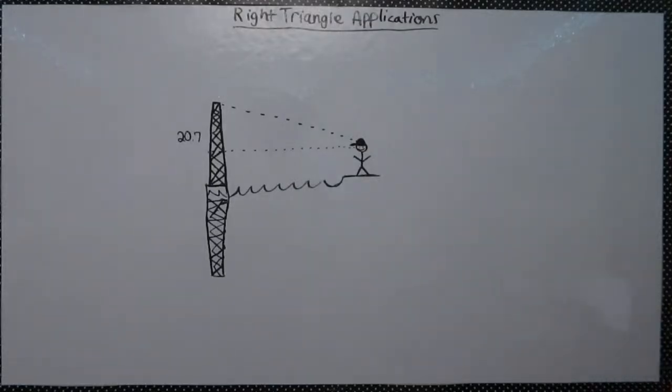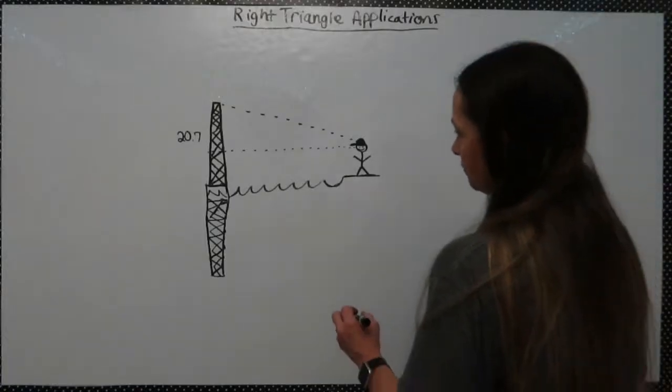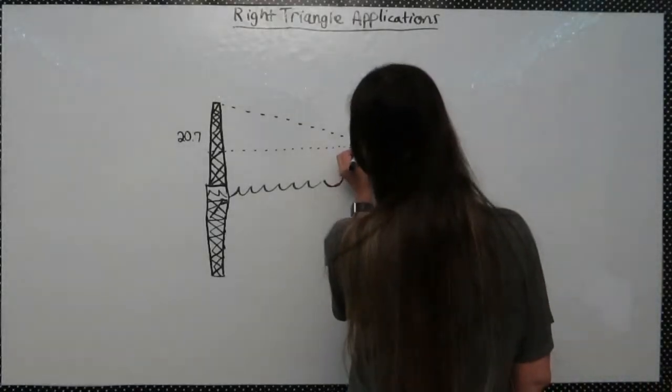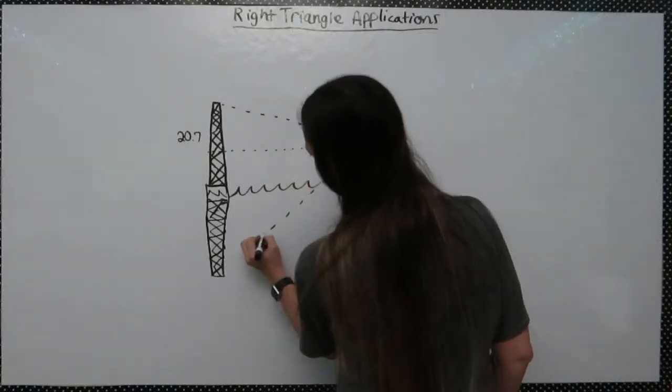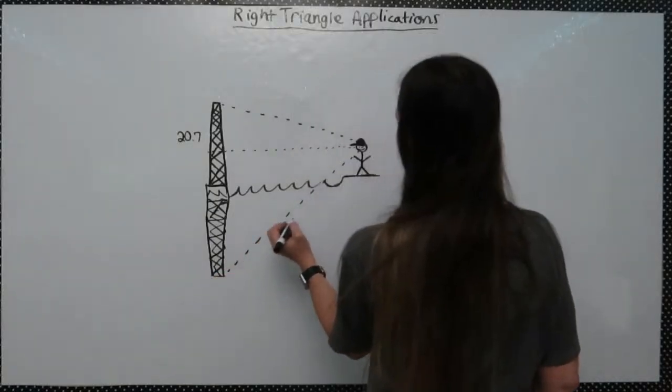And so it's saying that the angle of depression of the image of its top in the water is 38 degrees and 12 minutes. So we've got another angle of depression here.